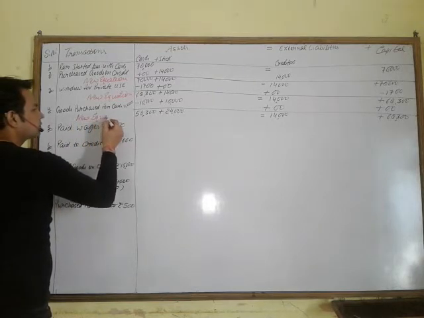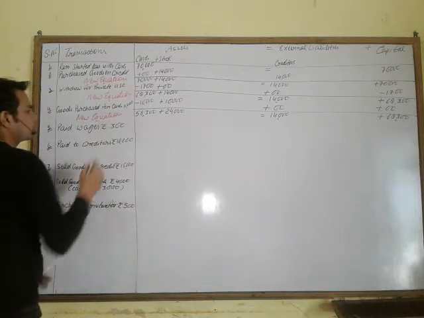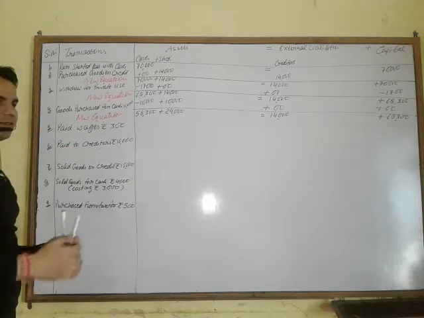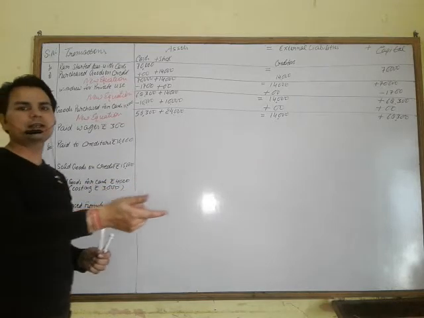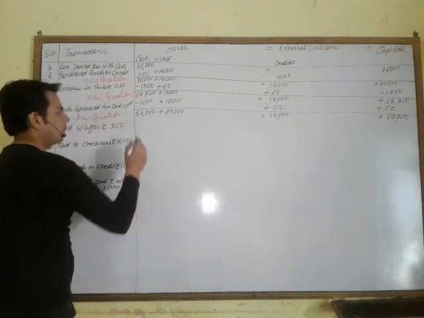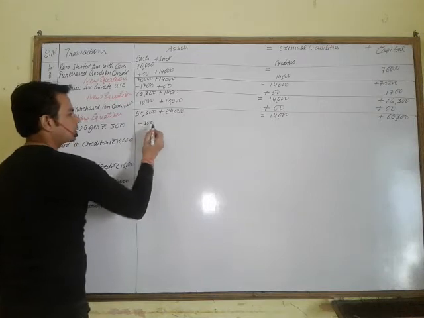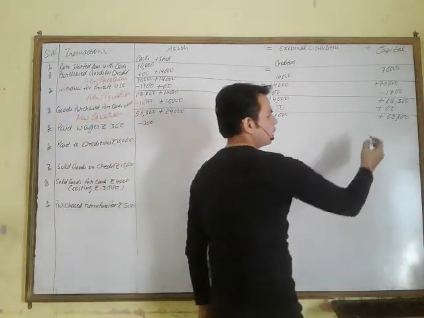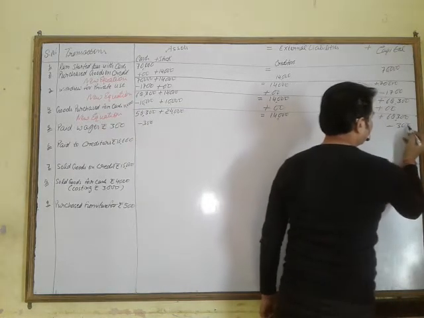Now see, paid wages rupees 300. When we pay something, it will reduce the cash. So minus from cash. This is an expense. Expenses always reduce the capital. Minus from capital also.